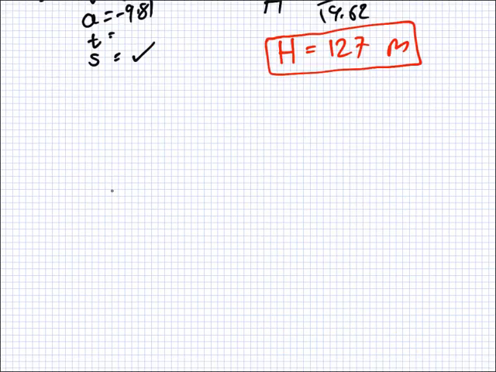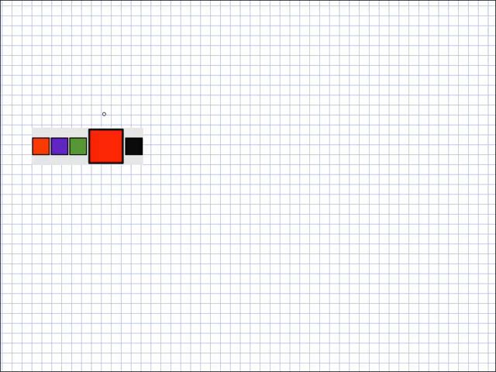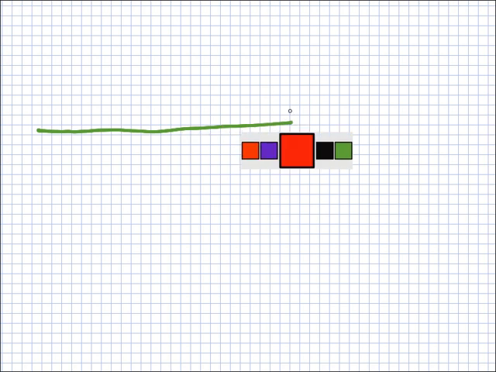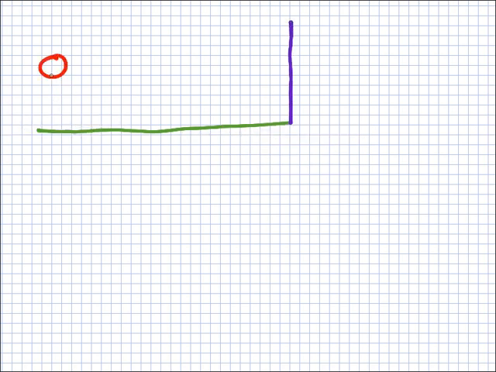Okay, so let me draw that for you. Right, so here's the side of the building. So it starts here and goes up, and maybe it comes back down, I'm not even sure.